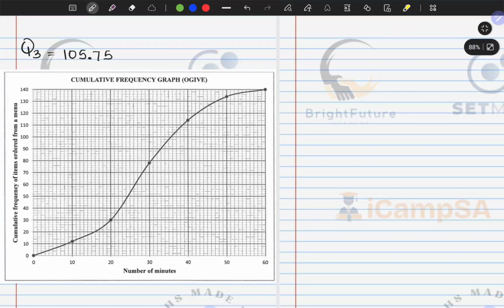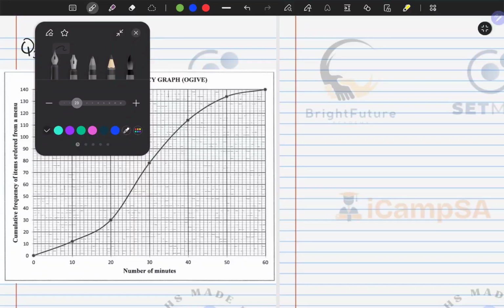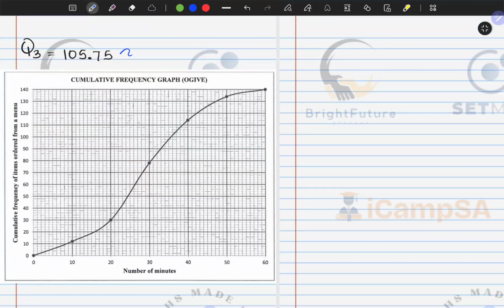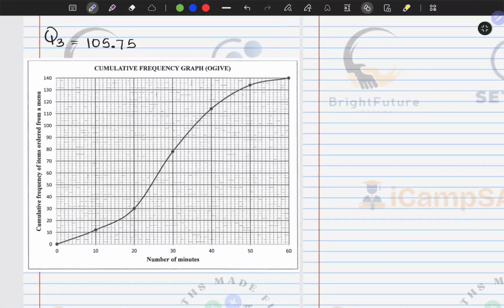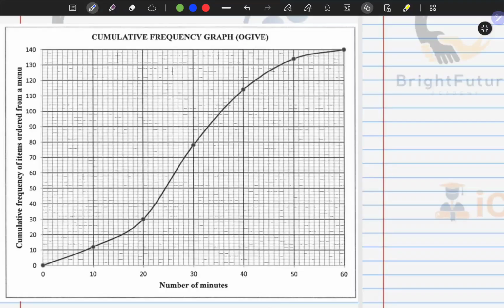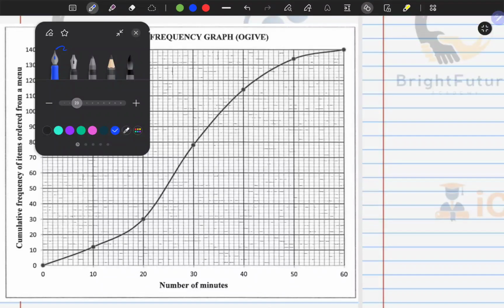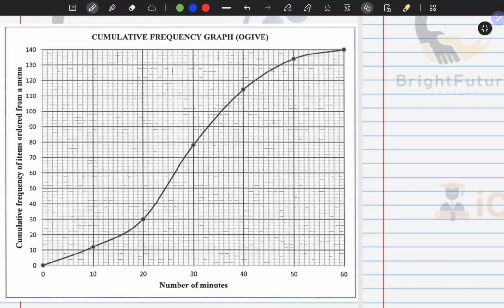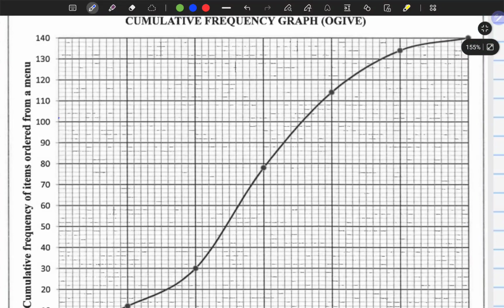After reading it, it will become easier to read what is happening here. So let's go ahead and look for 105.75. If you observe carefully on the cumulative curve, remember we're moving in steps of 2. So at 100, you'll have 102, 104, 106, meaning 105 is somewhere in between.